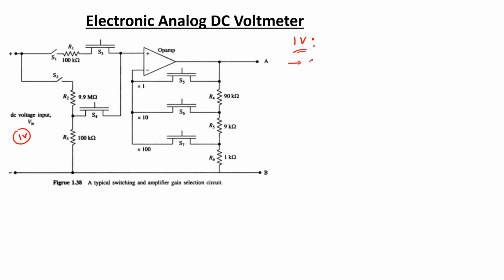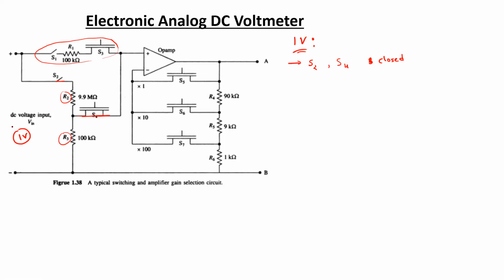So here S2 and S4, these two switches are going to be closed, and S1 and S3 in this case are going to remain open. So this branch is not going to have any effect now in the operation of the circuit. Rather, these two lines are going to be shorted because these corresponding switches are closed, and these two resistances R2 and R3 are going to form a voltage divider.